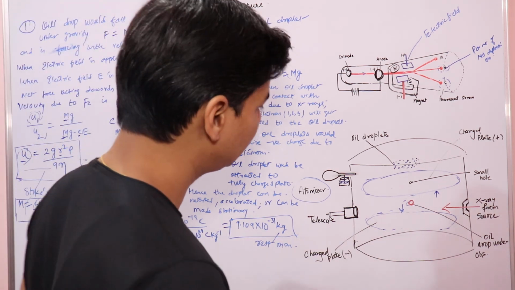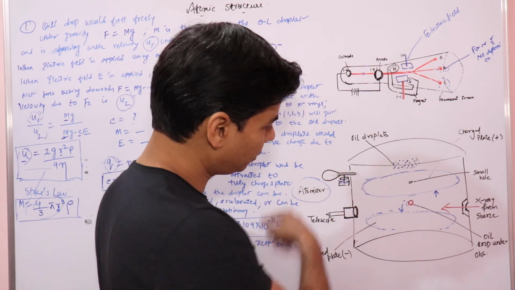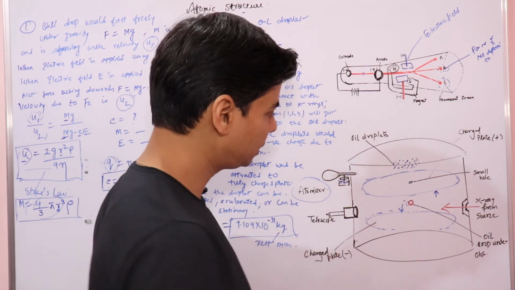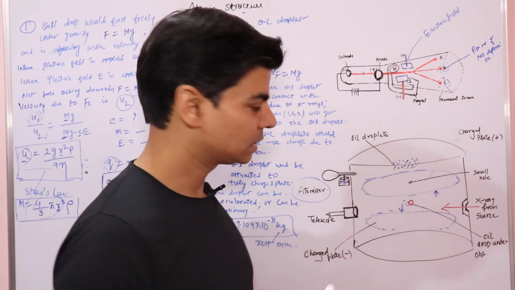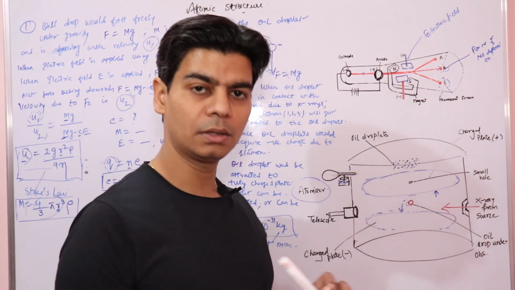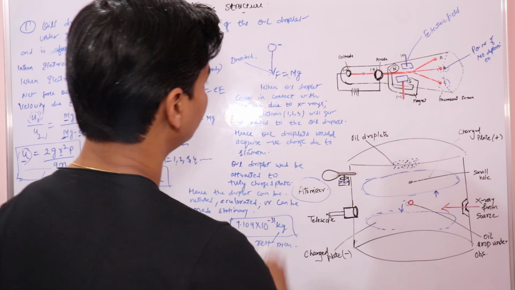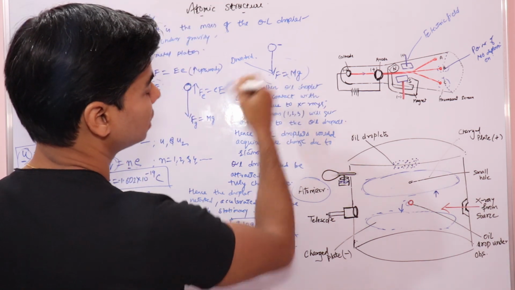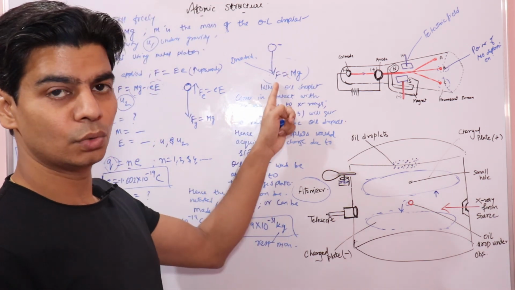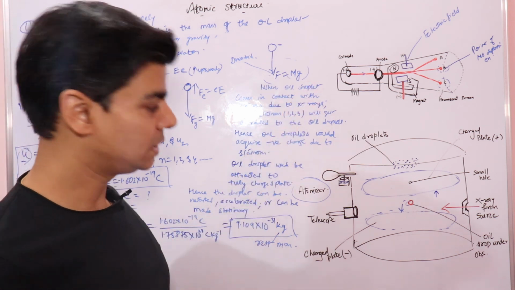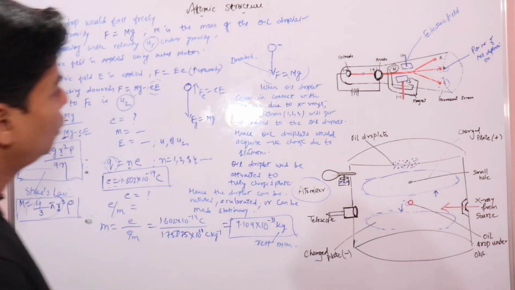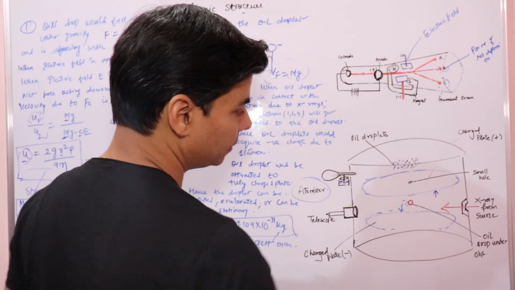What we have done here is, this atomizer will produce oil droplets. The first case is when the oil droplet is moving under no electric field, right? It would be acted upon by the force due to gravitation, which is F equals mg, right? Now suppose we apply an electric field.